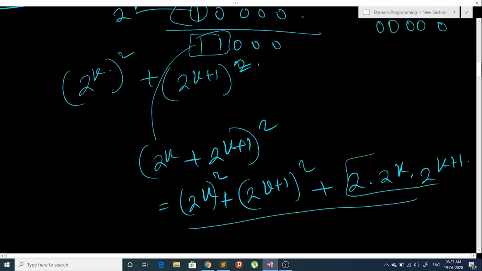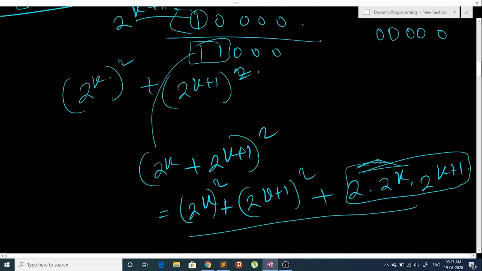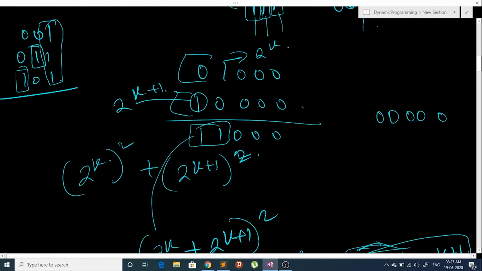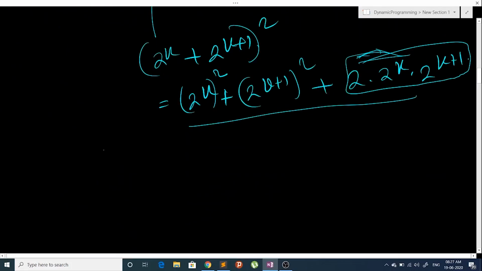So this is the extra term that we are getting here after doing the OR operation. So my intuition was that if I can transfer bits to a single number, then I will have a greater answer.